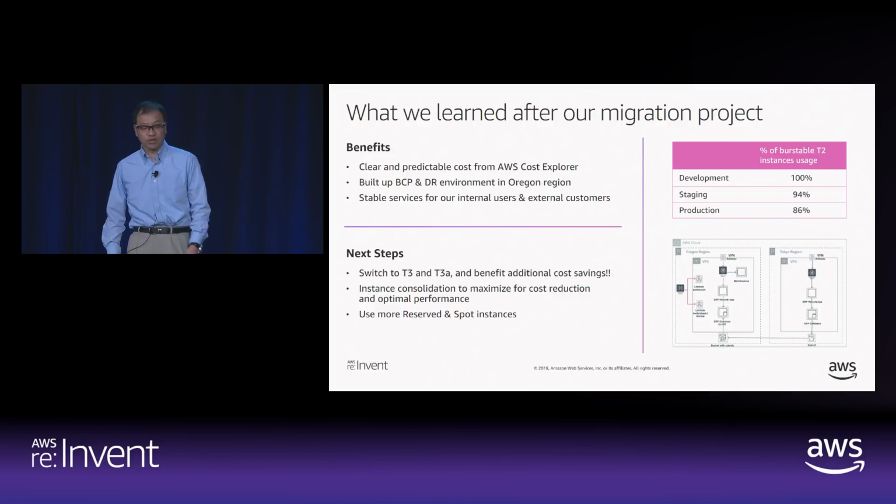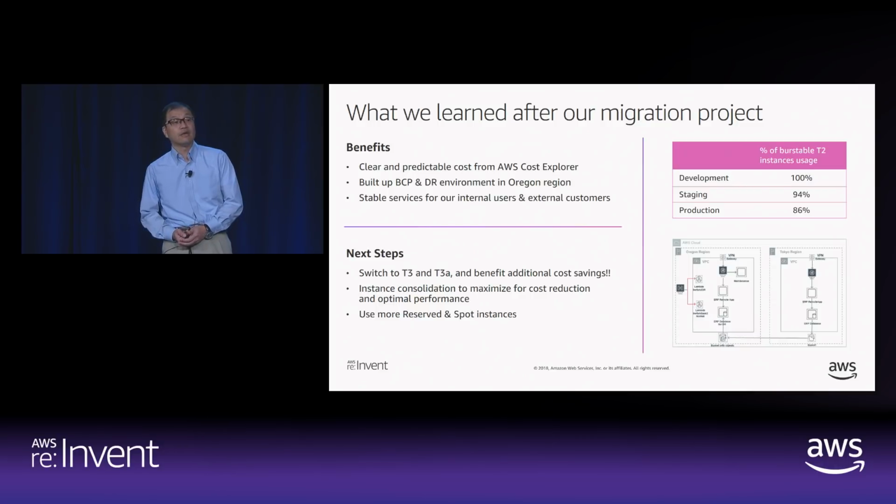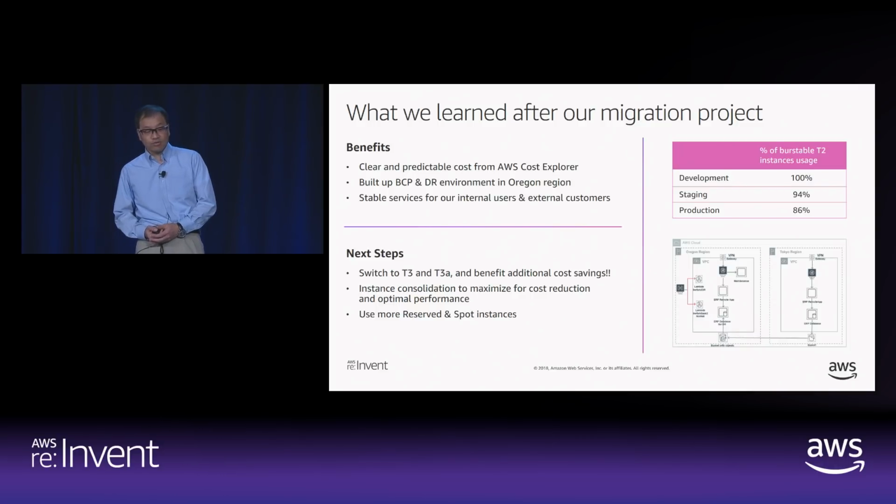Okay, let's move to the next steps. What we are thinking is to switch to T3 and T3a, because these are the next generation models of the T series, and they will give us additional cost savings. Also, we are thinking about instance consolidation to maximize cost reduction.